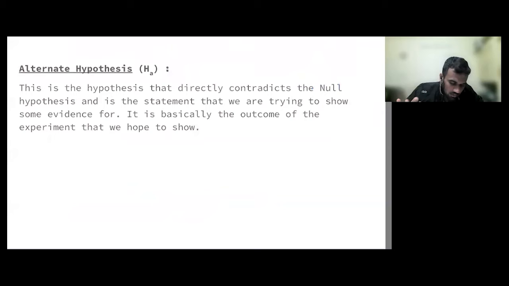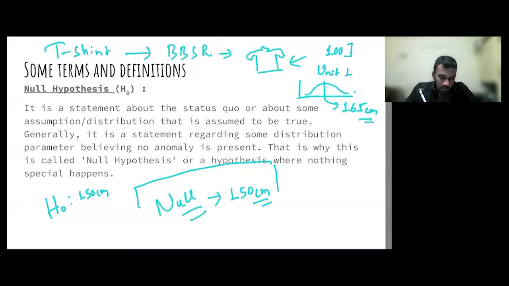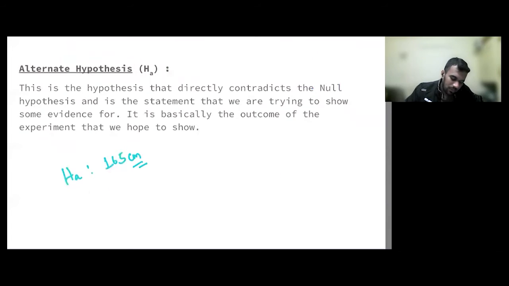Let's name the experimental data that we have gathered from exactly 100 people as the alternate hypothesis. And the alternate hypothesis says that the mean height of all people is 165 centimeter. Okay. It cannot be one of these two, right?